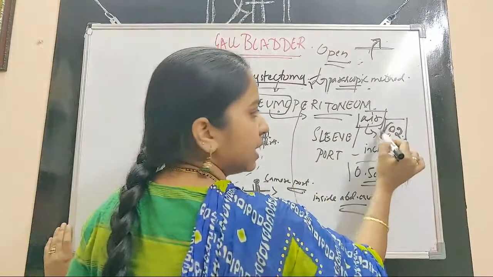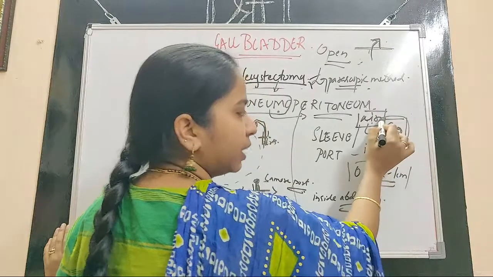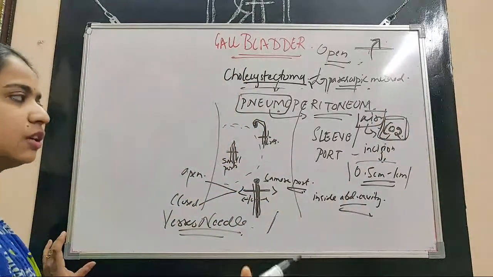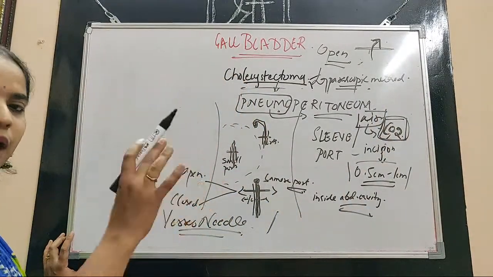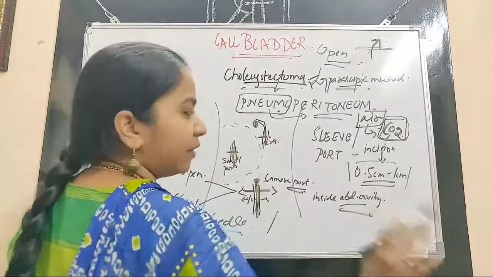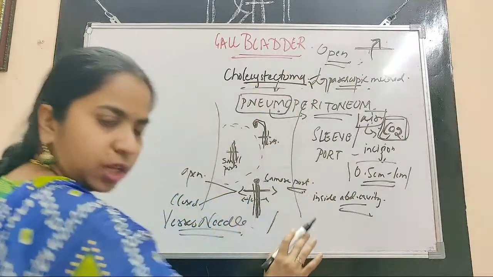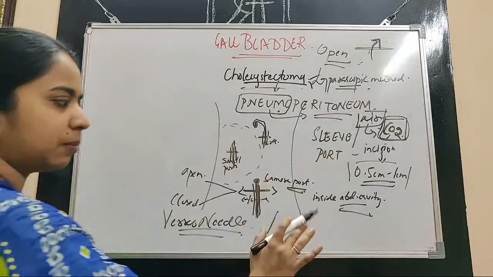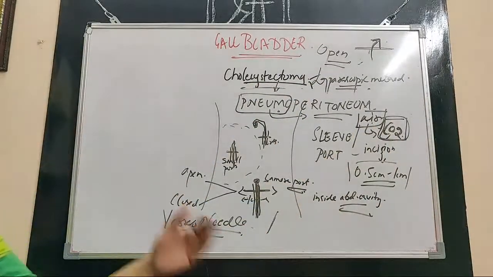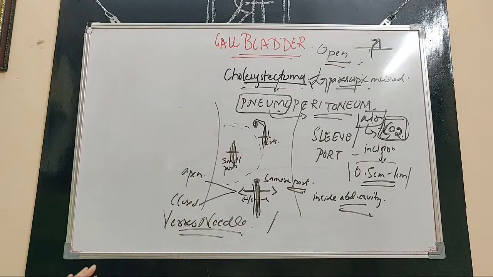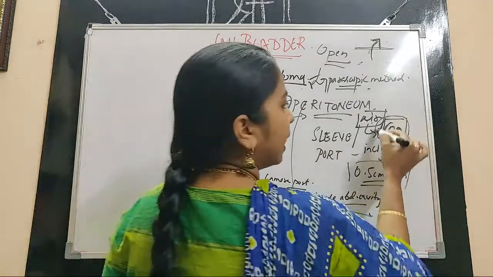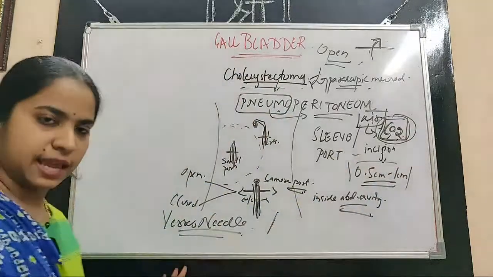As for the carbon dioxide, there are certain complications; it makes the tissues hypoxic. Otherwise, the carbon dioxide is absorbed by the peritoneum and put into the blood. From the blood it goes to the lungs, and through the lungs it gets excreted. This is the basic way the carbon dioxide gets excreted.